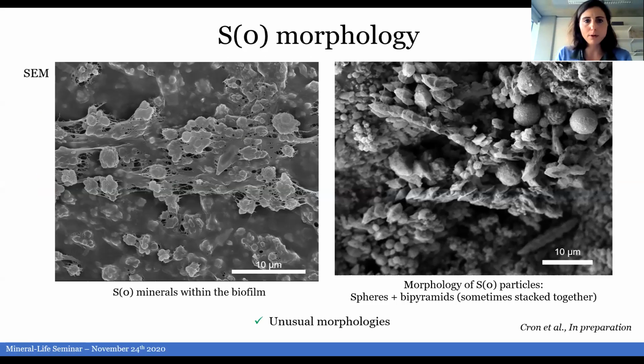So we find both spherical particles and bipyramids, so bipyramidal sulfur particles. And an interesting thing is that those bipyramids tend to stack together and sometimes even align to form filaments. So this is what you can see on the right image. So this is quite weird and unusual morphology. Inorganically precipitated sulfur doesn't do that.